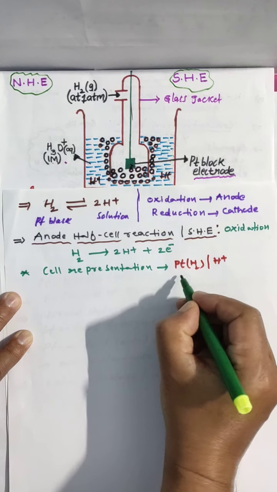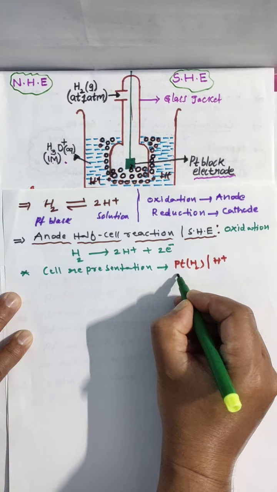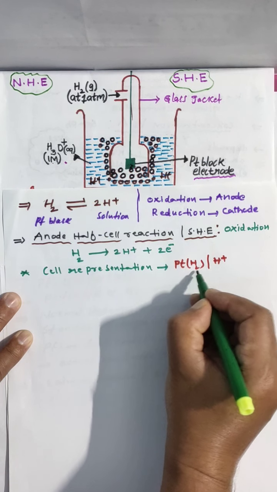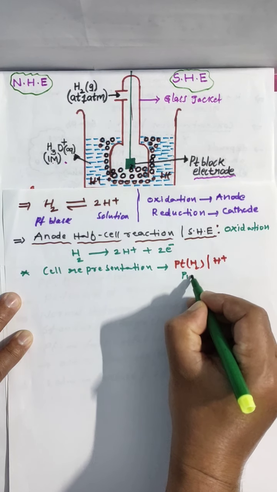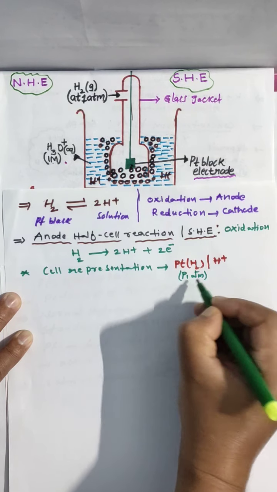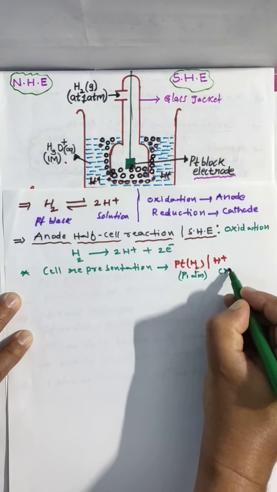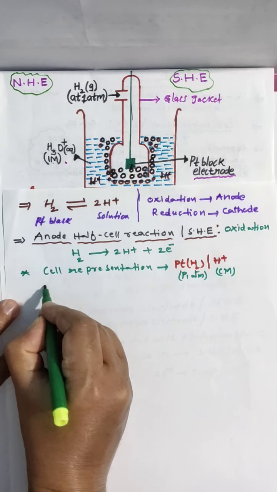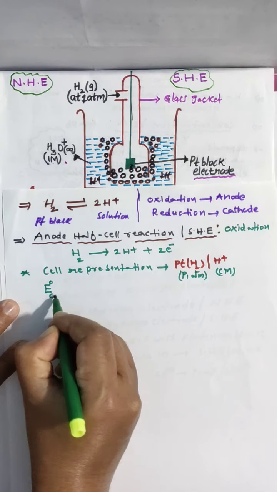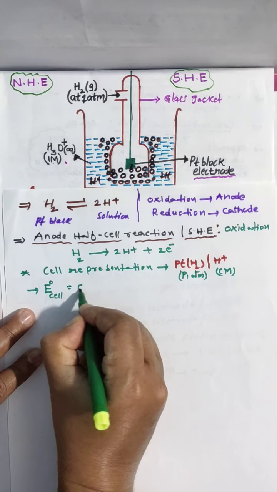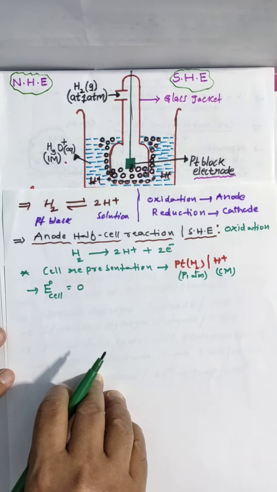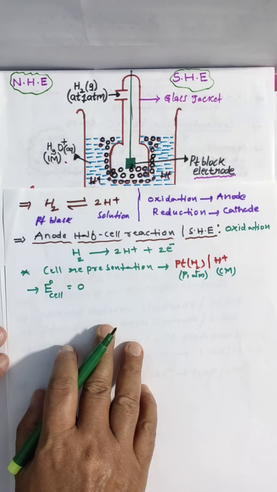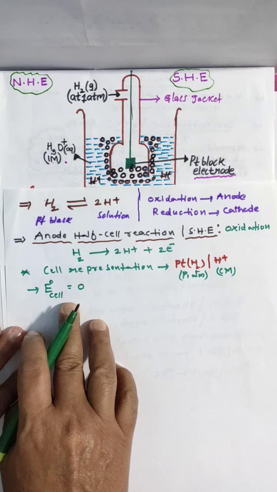This is pressure P, it will exert P1 atm, and this is C molar concentration. Now E naught cell of this half cell reaction is 0.